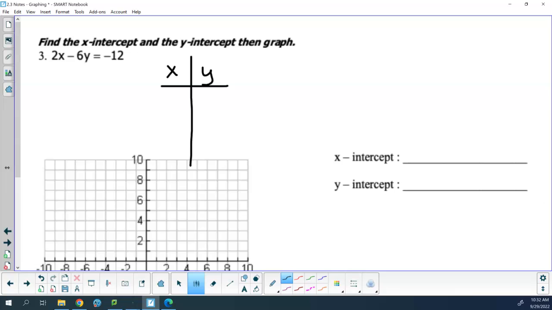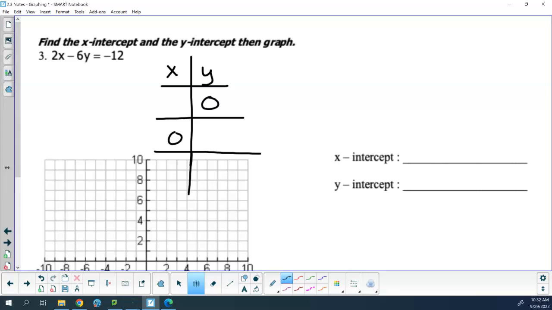Now, my x-intercept is going to be where y equals 0, right? So I can plug 0 in for y to find my x-intercept. My y-intercept is where x is 0, and I can plug that one in.